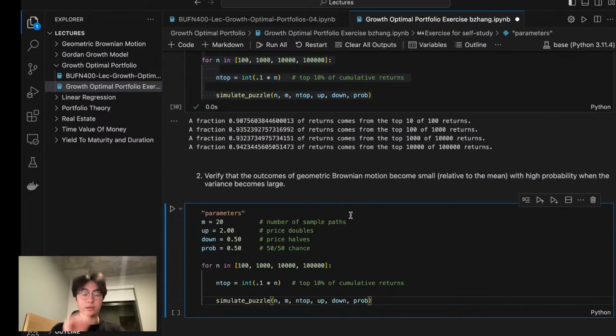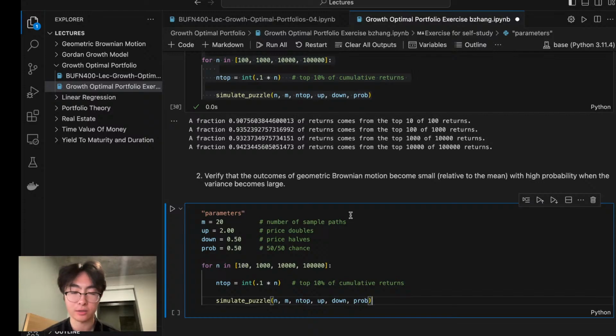Okay, so verify that the outcomes of the geometric Brownian motion become small relative to the mean with high probability when the variance is large. So when does the variance become large?